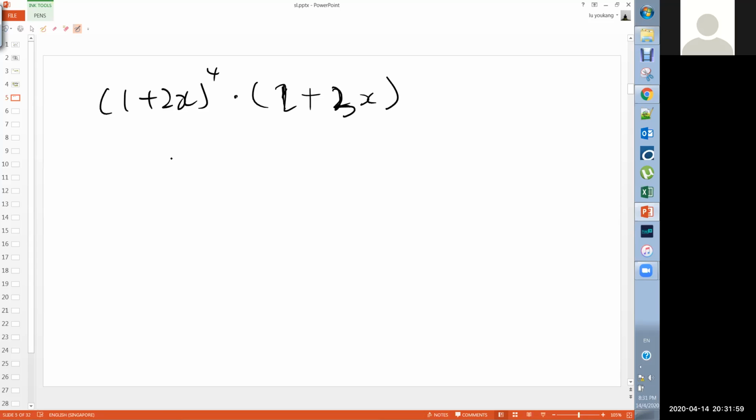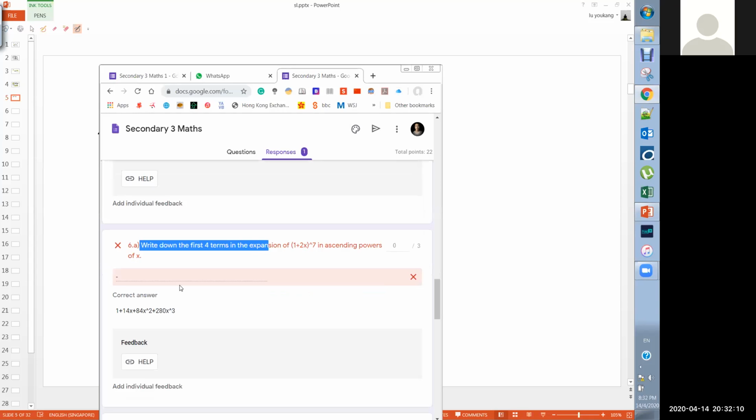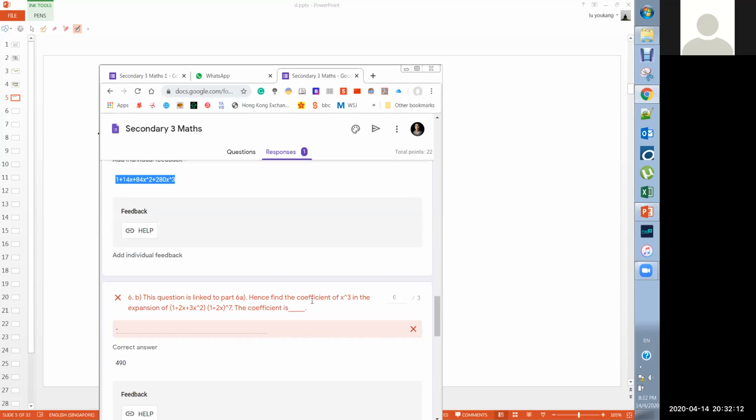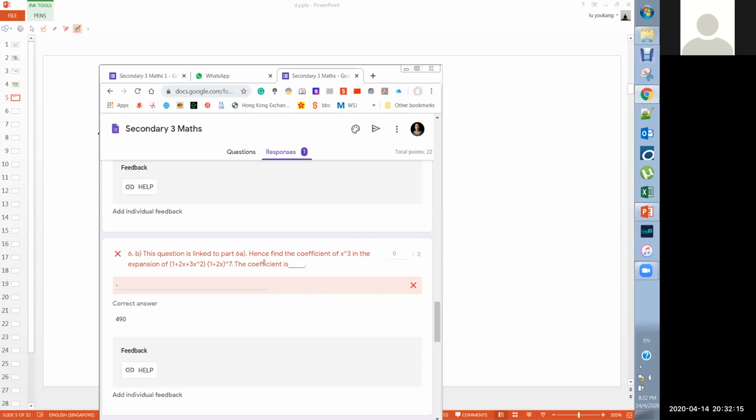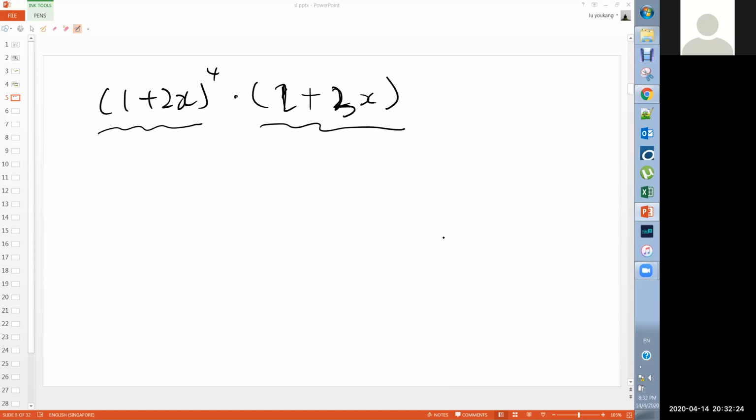So they say, this term, which you have already found the first 4 terms, times one more thing, and then you are asked to find what? Let me go to the page. So this one is done, the first 4 terms, and then it says times this. It asks you to find the x to the power of 3 coefficient. Can you see? So over here, I want you to find the coefficient of x squared.